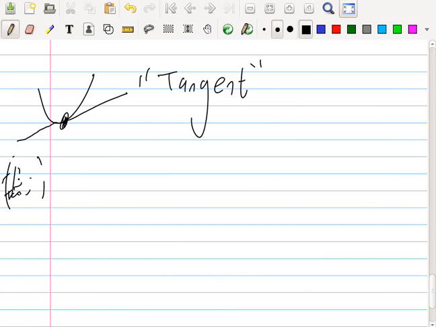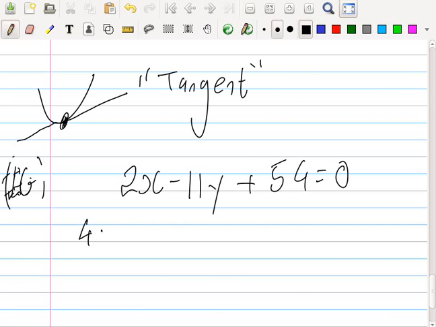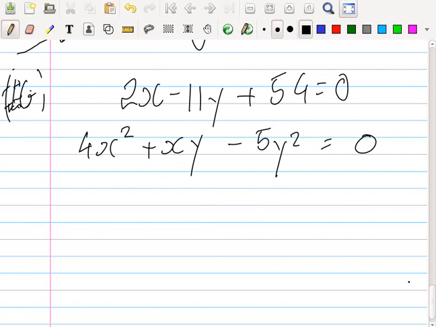Right, so for example, 2x minus 11y plus 54 equals 0, and then 4x squared plus xy minus 5y squared equals 0. Now, more difficult because in both equations the y is not taken out for us. Any ideas on what we should do?